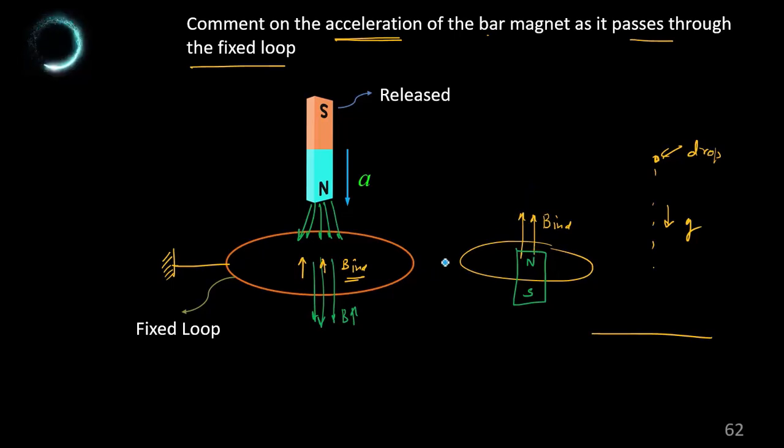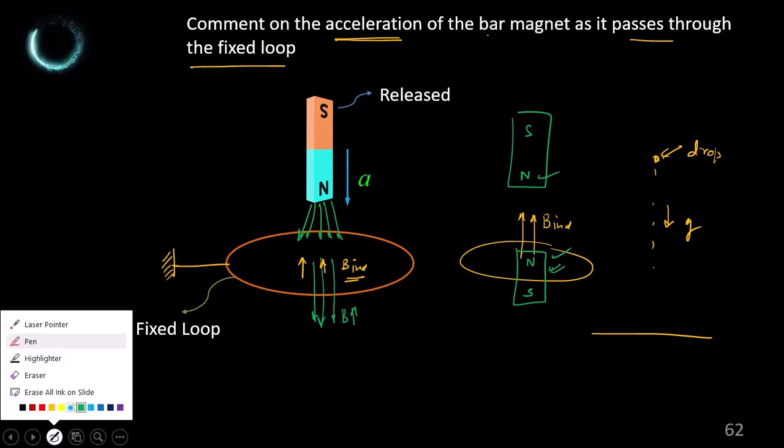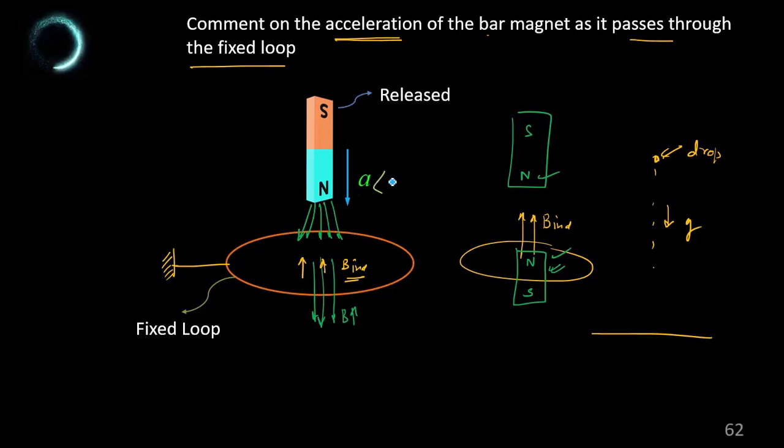Now let us say there is another magnet on top of it, with north pole and south pole. These two magnets will certainly repel each other, because north and north are coming towards each other. Since the repelling effect comes in, the acceleration will be less than g. It cannot be equal to g.